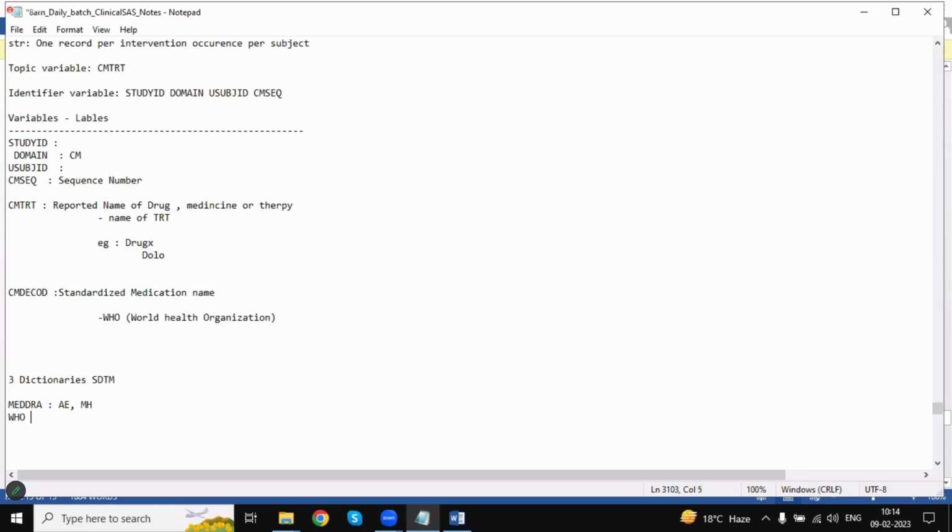Now the WHO dictionary, you can see in the concomitant medication domain. Next, the LOINC dictionary will come in the LB domain. So remember the 3 dictionary names for your interview purposes. It will be useful.